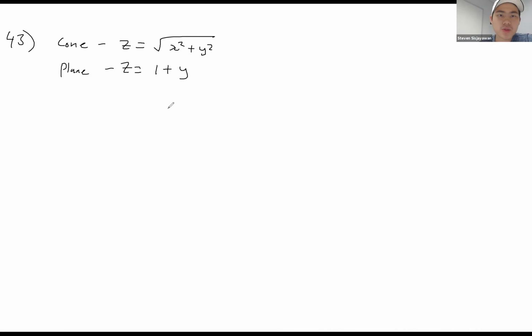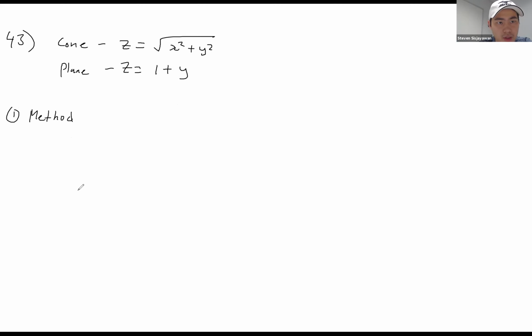For this question, I'm going to go through two different methods to get the same answer. For the first method, I'm going to rely on the equation of the plane first.